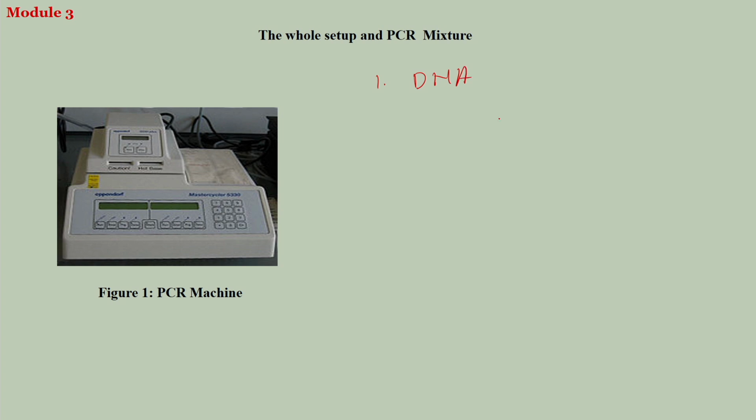Everything is done here, and the key things that you need are, of course, first, the DNA sample that you have isolated, and that is going to act as your template. Second, you need the polymerase, Taq polymerase.